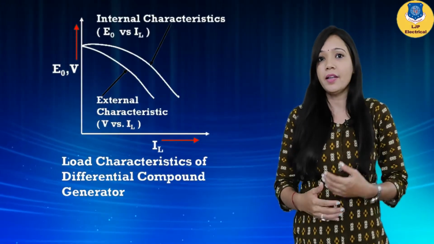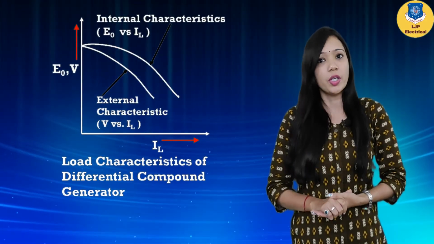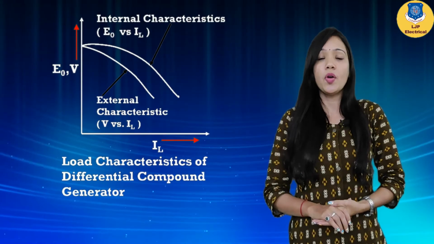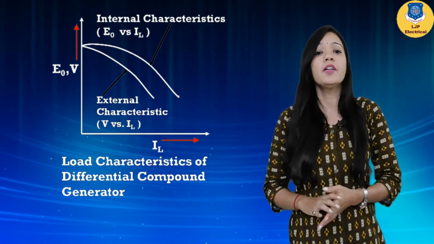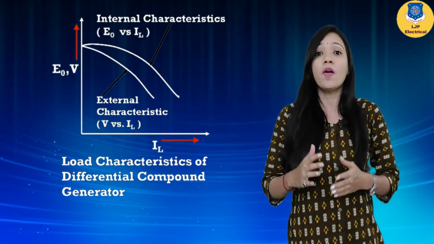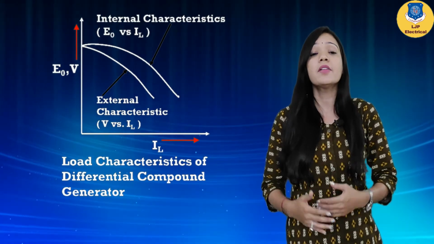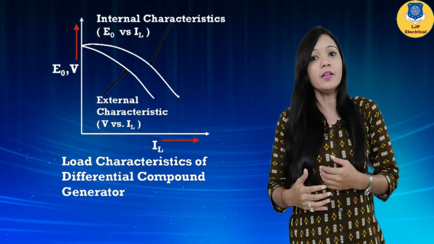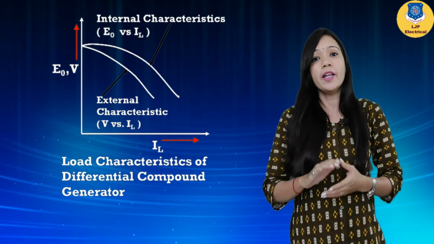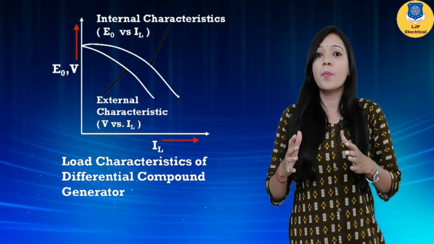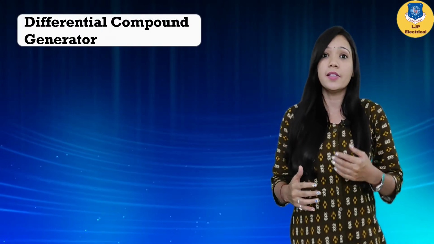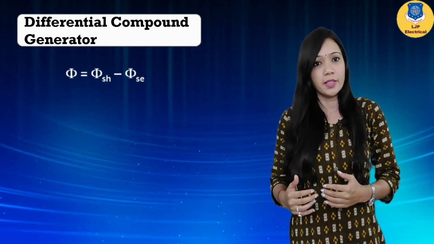The second is the differential compound generator. The characteristic of a DC compound generator depends upon the number of series field turns and the number of shunt field turns. The net flux in the differential compound generator decreases as the load increases.